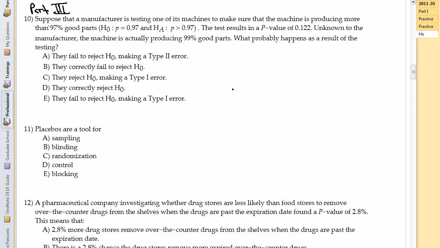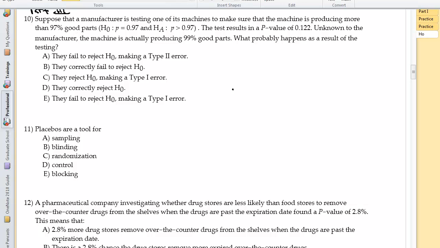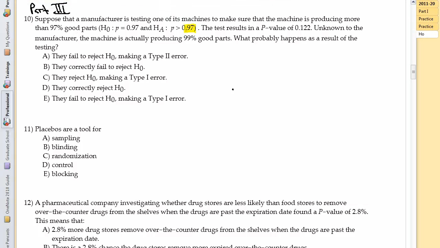Suppose that a manufacturer is testing one of its machines to make sure that the machine is producing more than 97% good parts. And you can see here, this is the hypothesis. The test results in a p-value of 0.122.